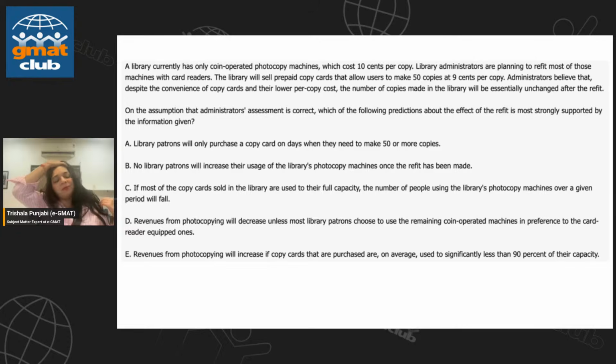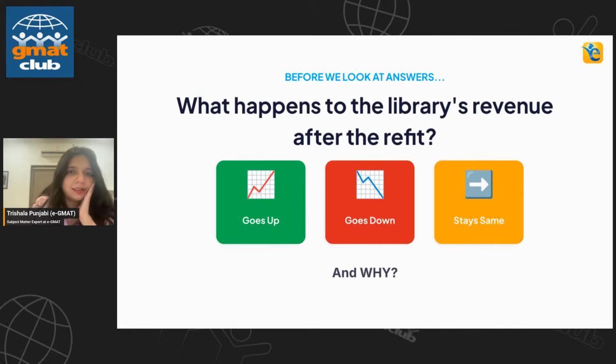So E is something which must be true, because if something is used less than 90% of the capacity, let us say that instead of making 50 copies, you make 5 copies, right? You use it to like 10% of its capacity. It's costing you so much higher. It is costing you much more than it would have cost you to just directly pay for those 5 cents, right? So E is the right answer here.